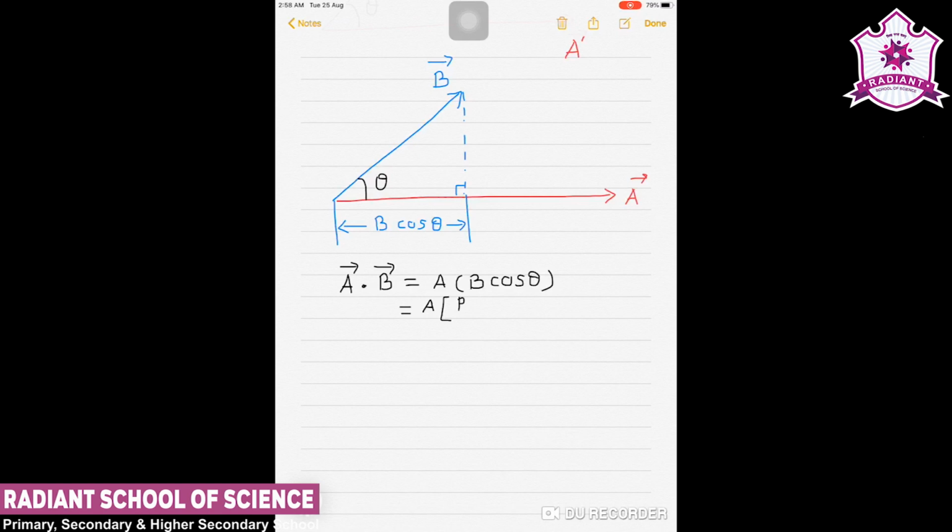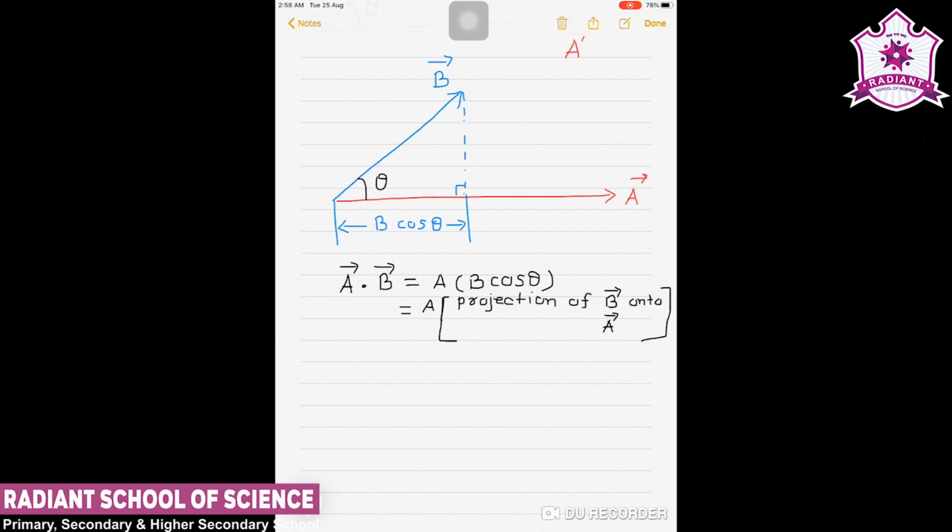projection of vector b onto vector a. So this is called the first part of the definition.